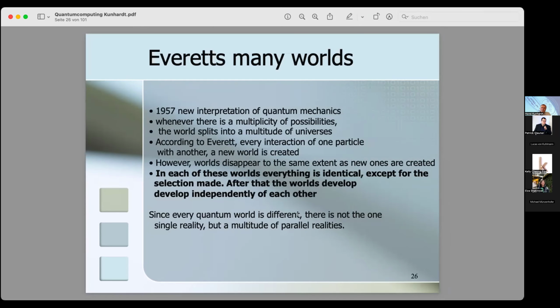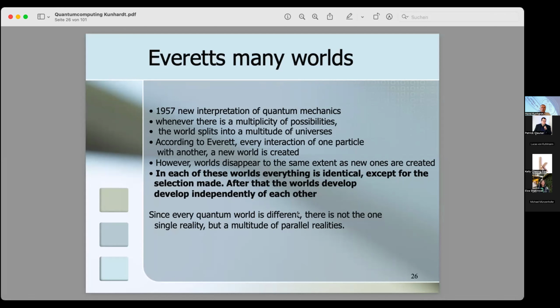So I've read many worlds. I don't want to get too philosophical at this point. So Everett had a new interpretation of quantum mechanics, and he called it a multiplicity of possibilities.